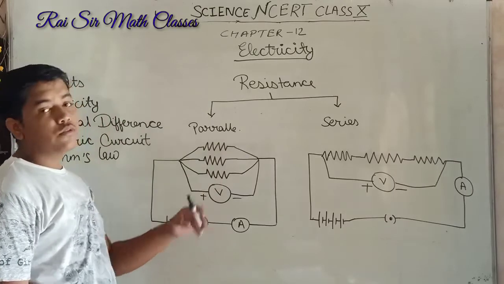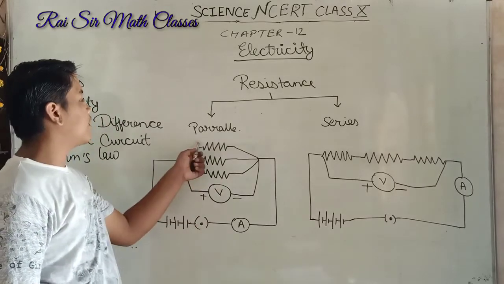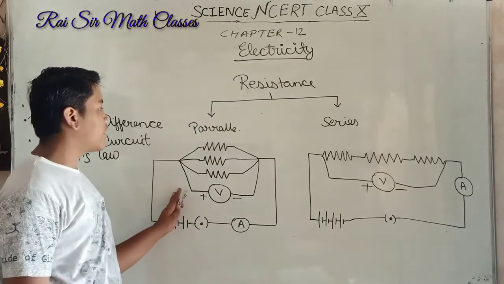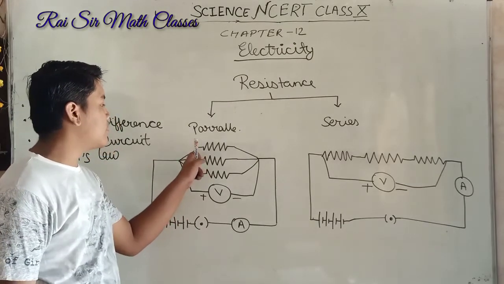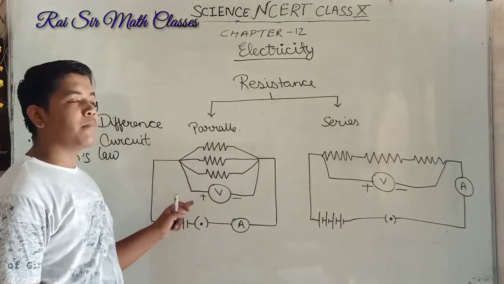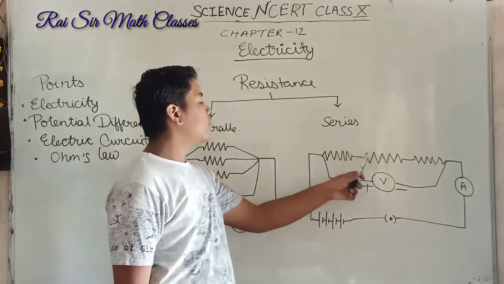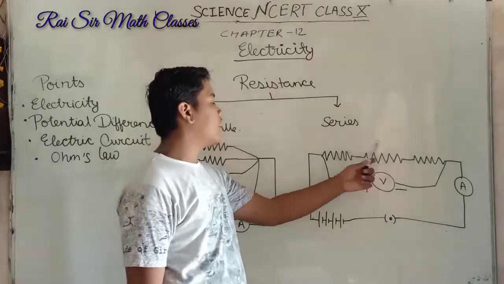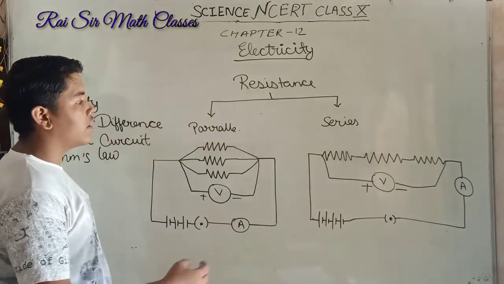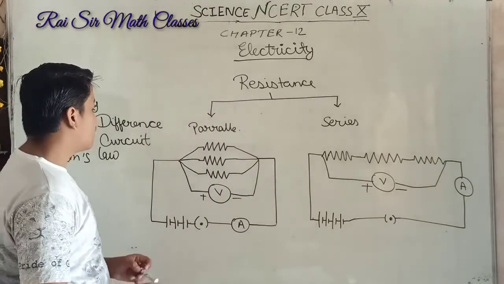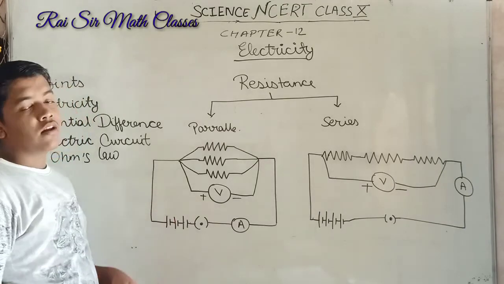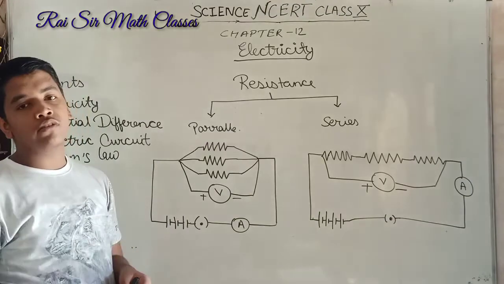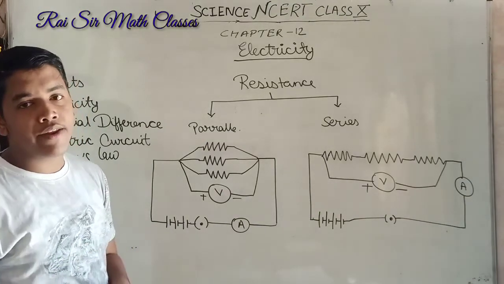Now we are going to see two types of resistance, that is parallel resistance and series resistance. This is the diagram of parallel resistance, in which the resistors are in parallel, while in series the resistors are in a continuous line. In parallel resistance, voltage remains constant but current varies.